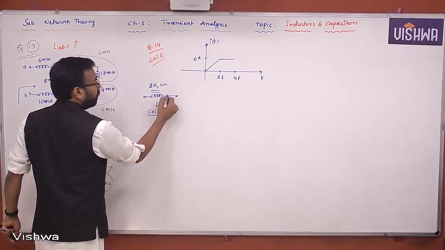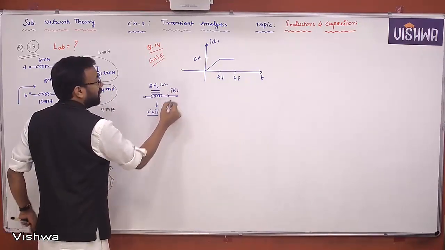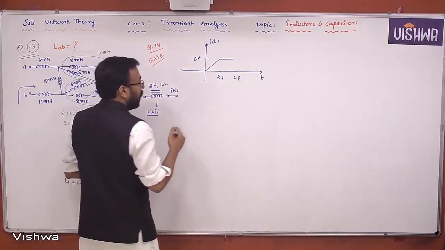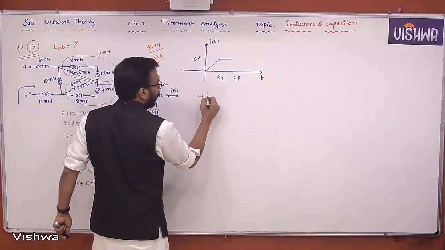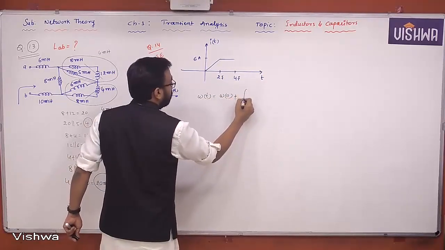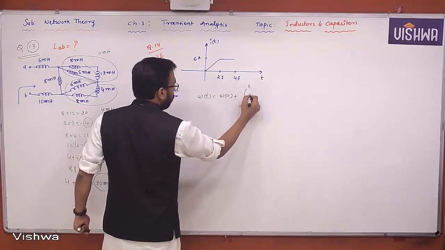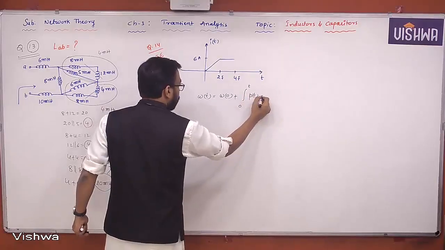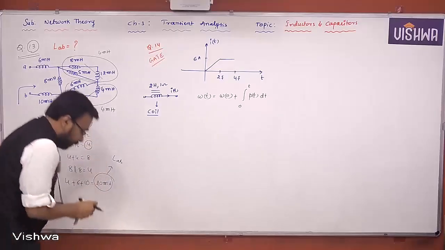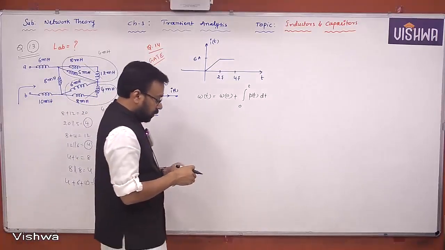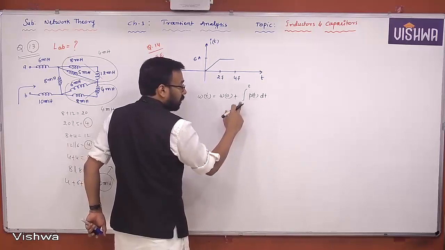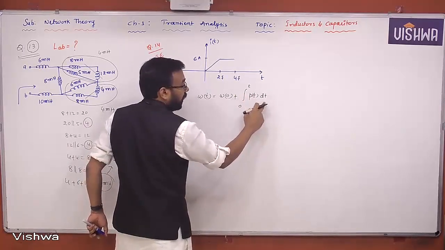This is the current given, I of t given. Now what is actually asked here? Energy. What is the energy formula? Energy, if you want to find, W of t is equal to W of 0 plus integration 0 to t P of t dt.